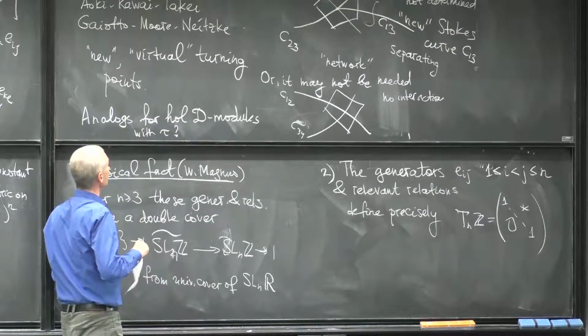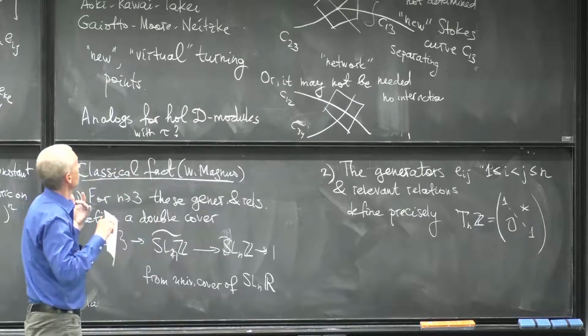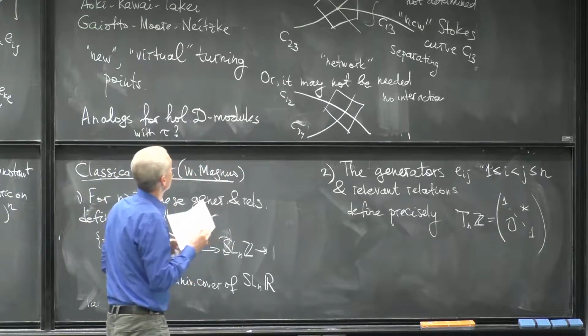So one can say that that is the matrix algebra which tells us how such Stokes curves should branch.